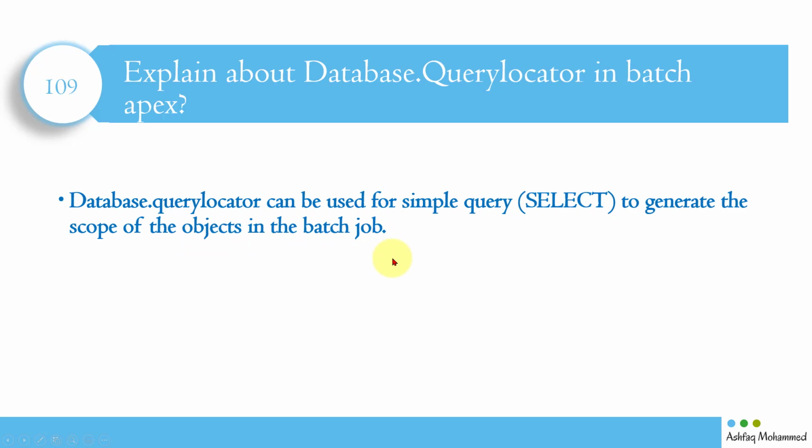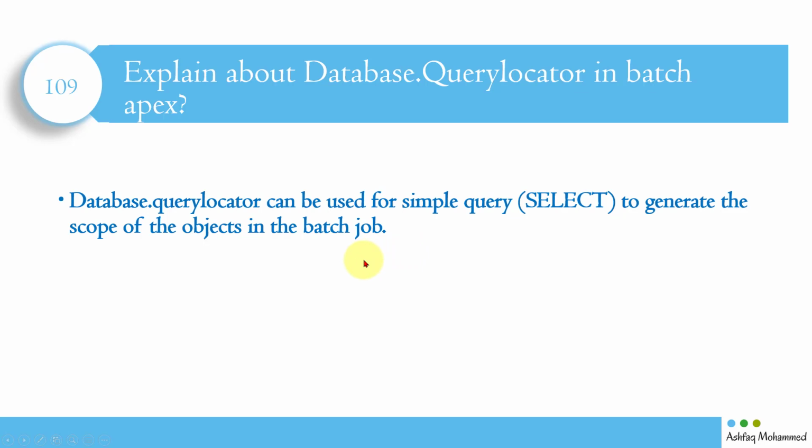For example, if you have a requirement to take all the opportunities in the system and update them from In Progress to Won, then in that scenario a select statement will still work.